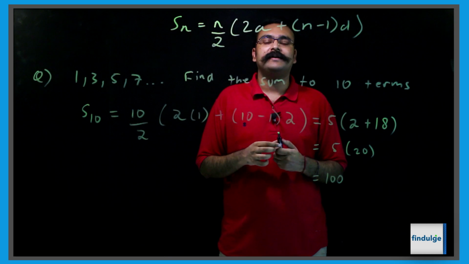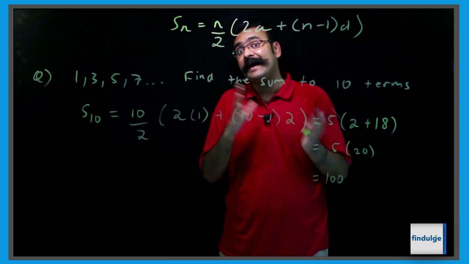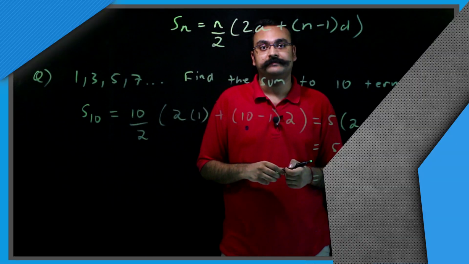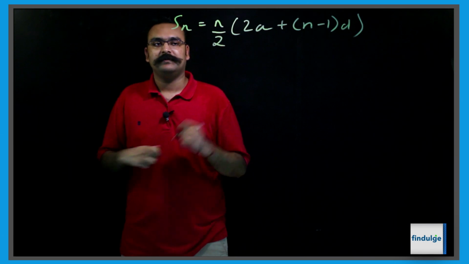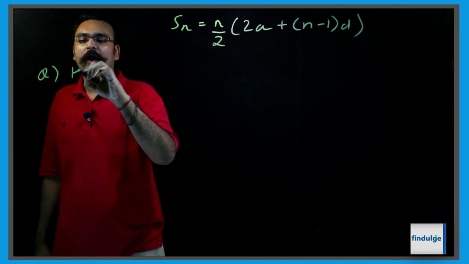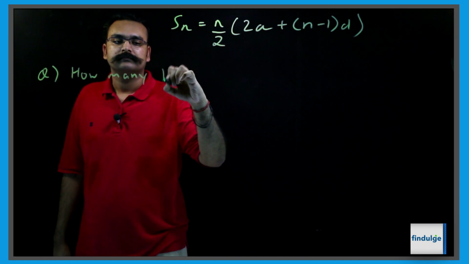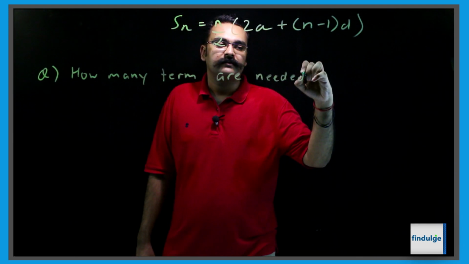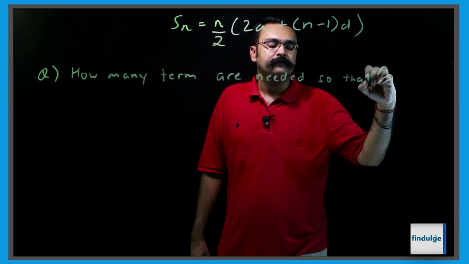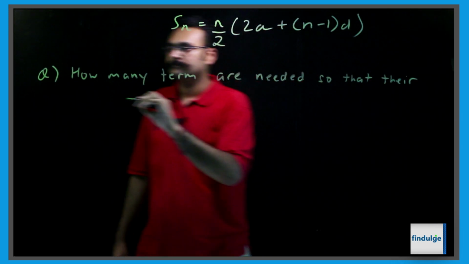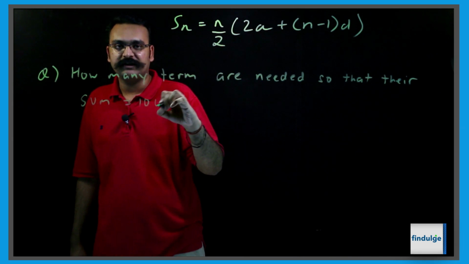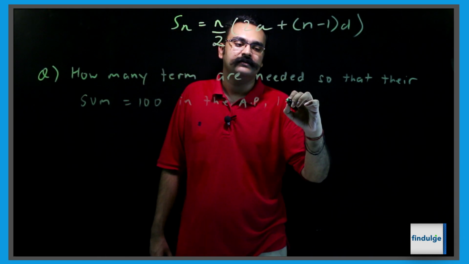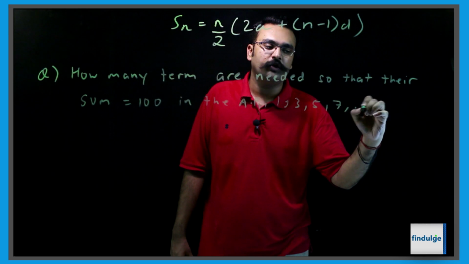Now, let's look at what happens when I ask you to find the number of terms if I give you the sum and the AP. So I will now change the question to be how many terms are required so that their sum is equal to 100 in the AP, the one we just did, 1, 3, 5, 7, dot, dot, dot.